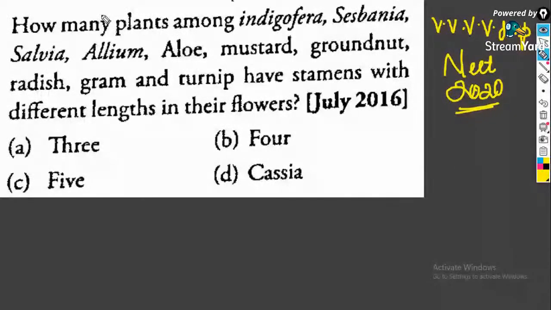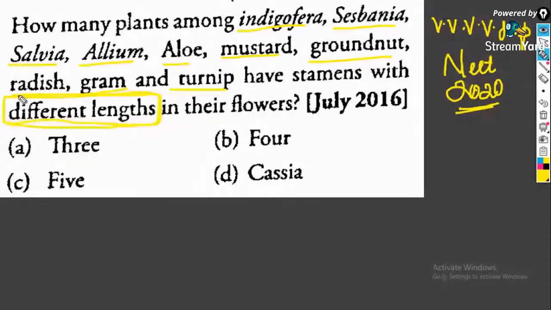How many plants among Indigofera, Sesbania, Salvia, Allium, Aloe, Mustard, Groundnut, Radish, Gram, Turnip have stamens with different length in their flowers? So stamens should be having different lengths.